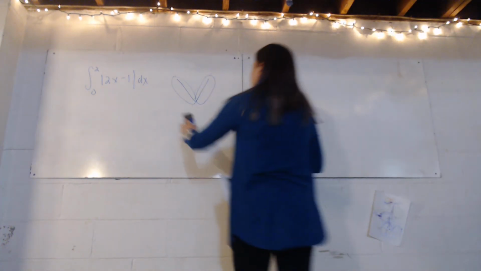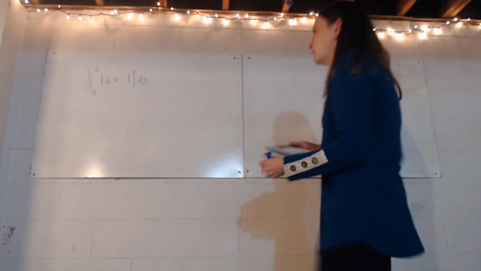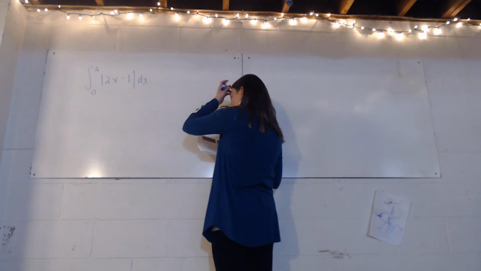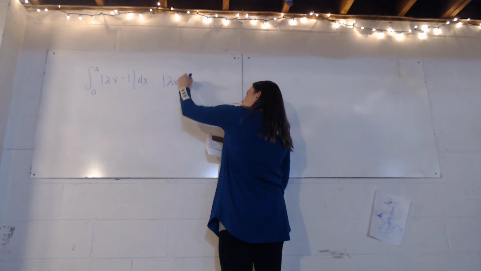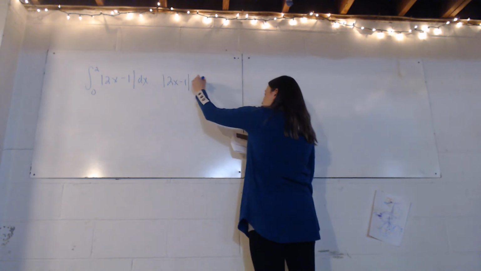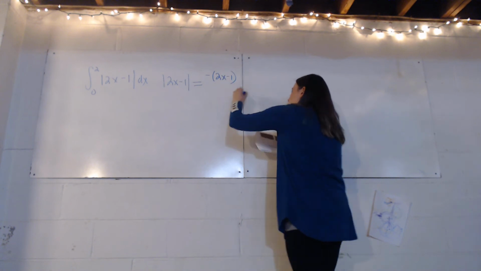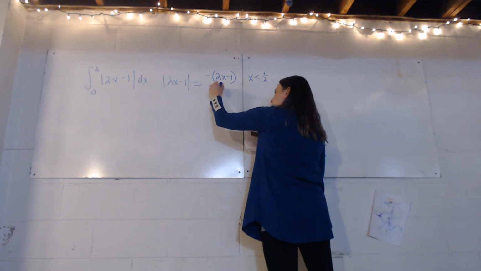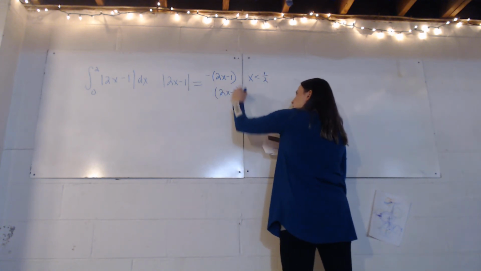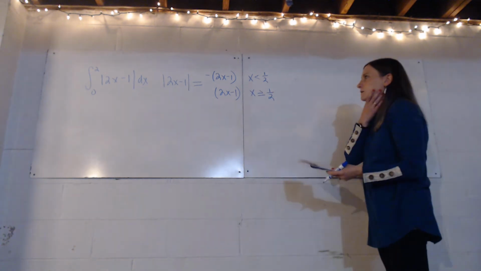So by definition, for 2x minus 1, 1 half is that magic number where it's equal to 0. So you should know from before I came into the picture that this same thing can be defined as being equal to negative (2x minus 1) when x is less than 1 half, and 2x minus 1 when x is greater than or equal to 1 half.